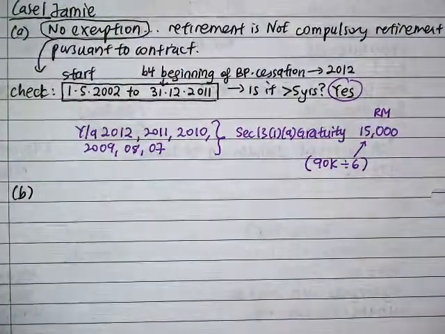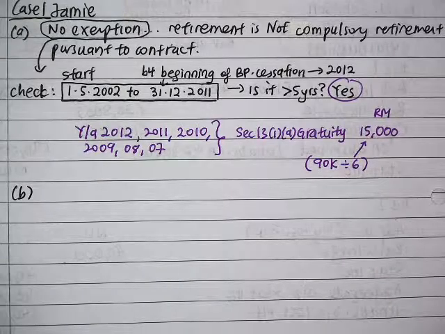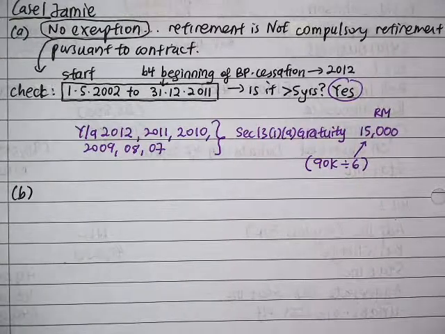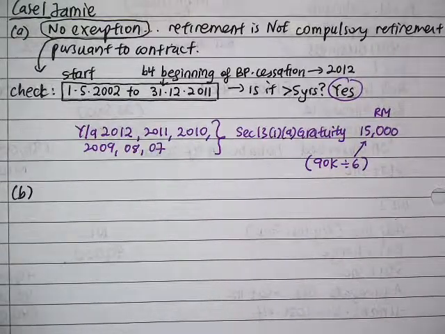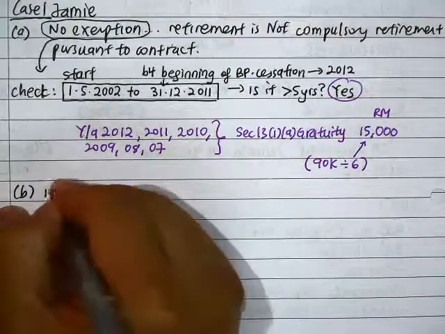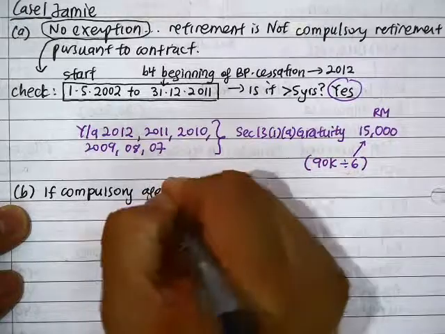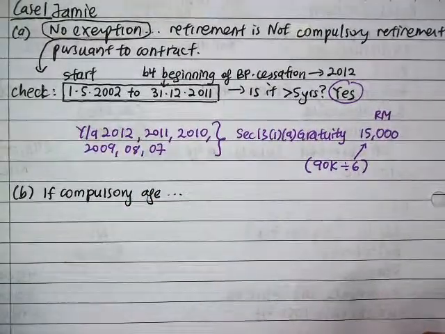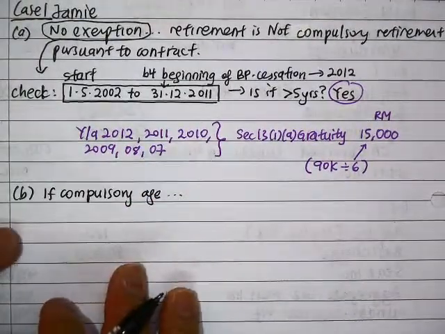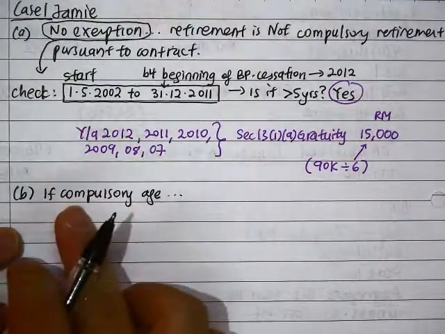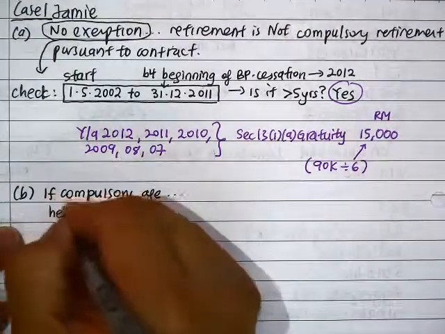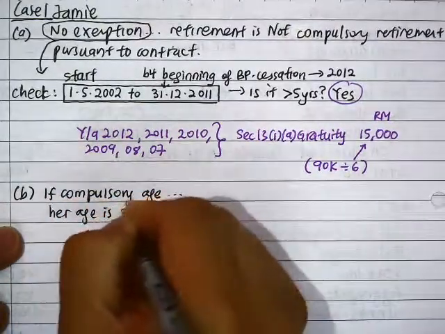Now we ask in B: how would the answer be different if Jamie is compulsorily required to retire? If it's a compulsory age, then we realize that, number one, compulsory, her age is 50.